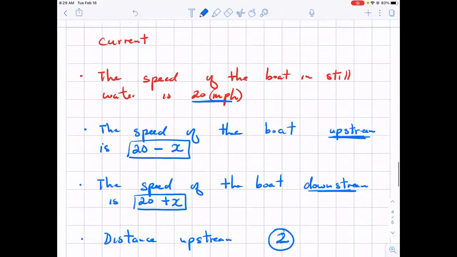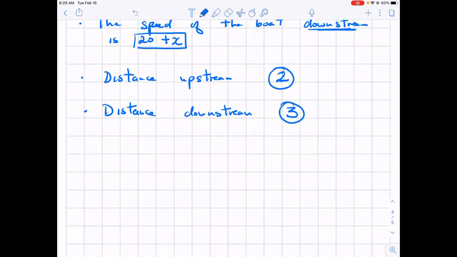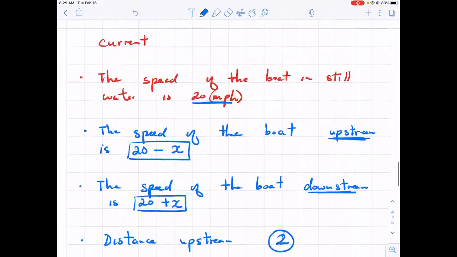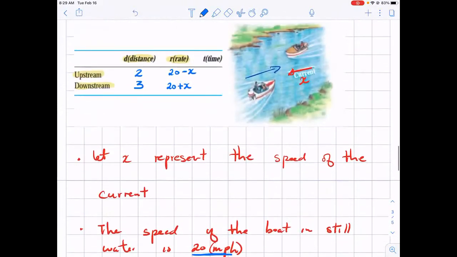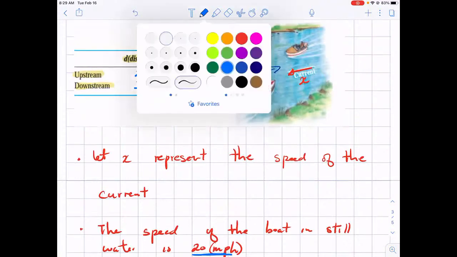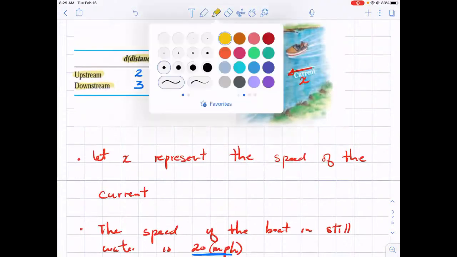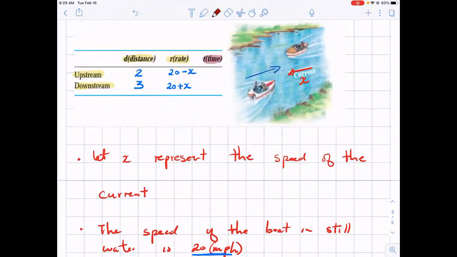Now, we want to find the time. There's a strong relationship between the time, the distance and the rate.